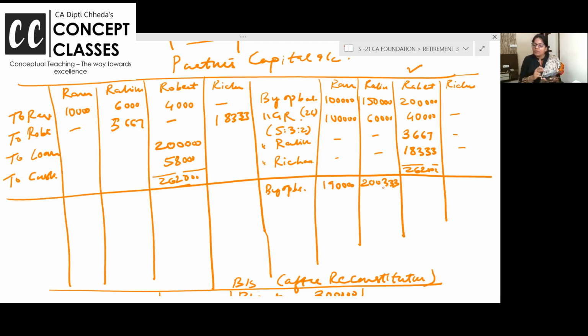Who? Richard. 190 plus 200,333 divide by 2.